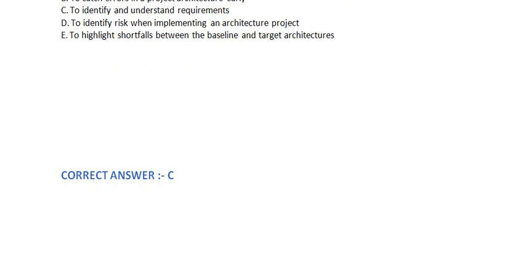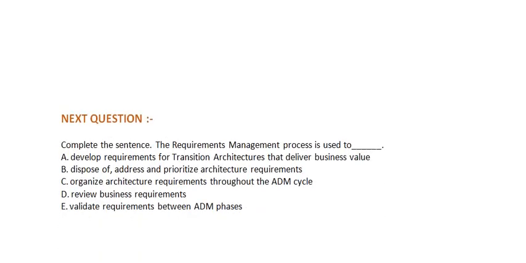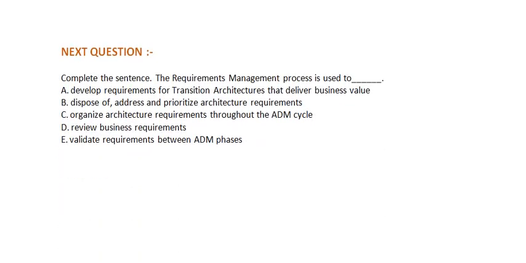Next question is: complete the sentence. The requirements management process is used to option A. Develop requirements for transition architectures that deliver business value. Option B. Dispose of, address and prioritize architecture requirements.